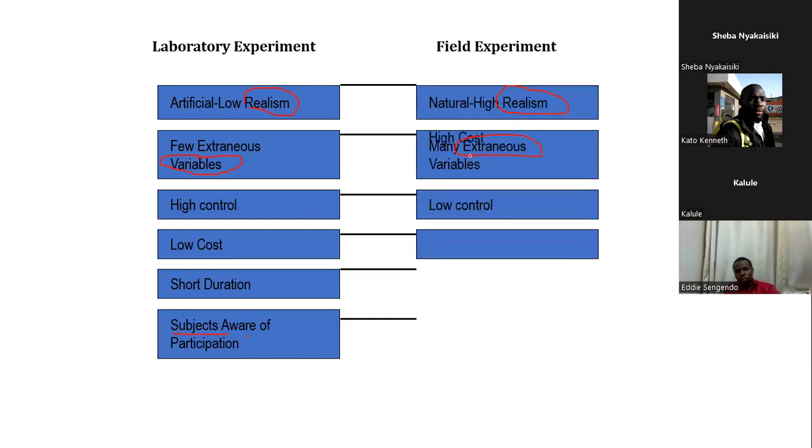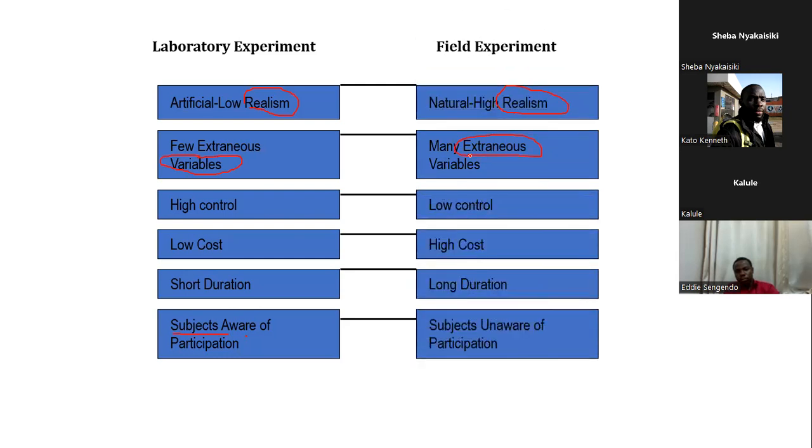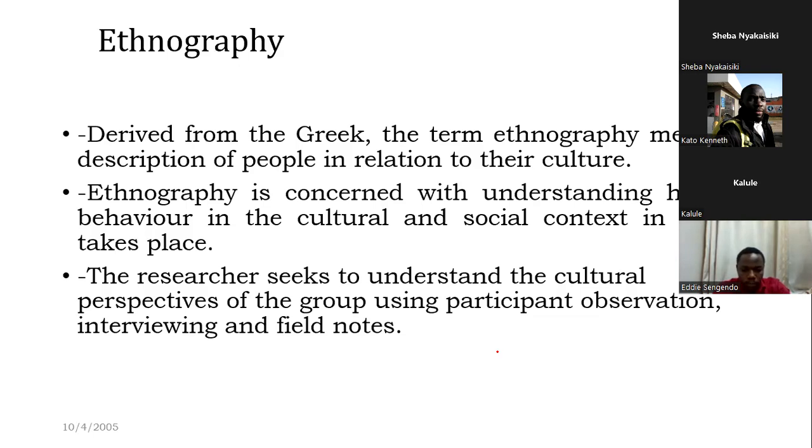There's less control, high cost, long duration, and sometimes the subjects are unaware of what is going on. So most of the time, some people may think of this research as being unethical because people are not told that they are participating in research. But yeah, sometimes it could be necessary to determine certain things. Any question on experimental research method?